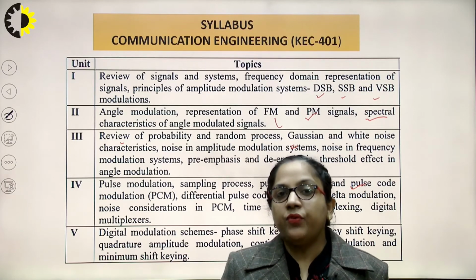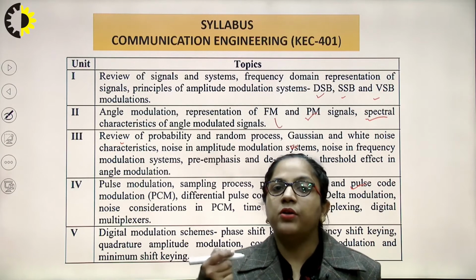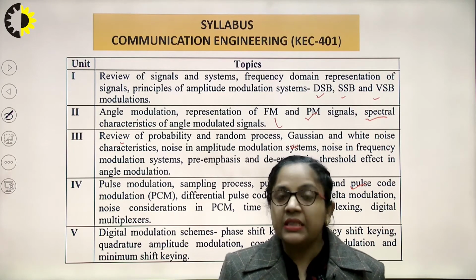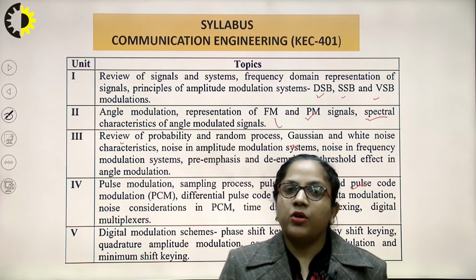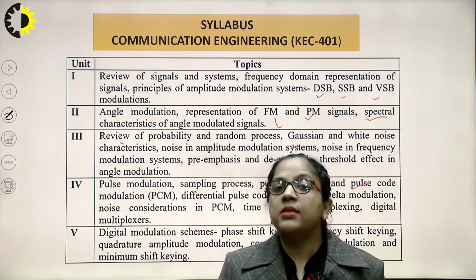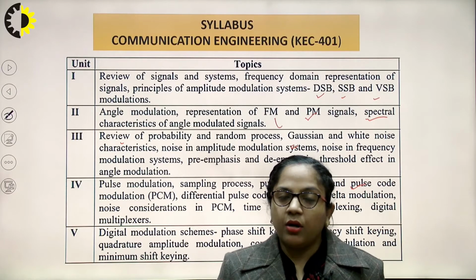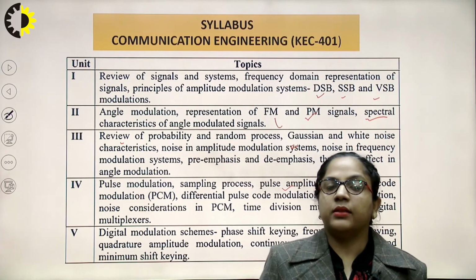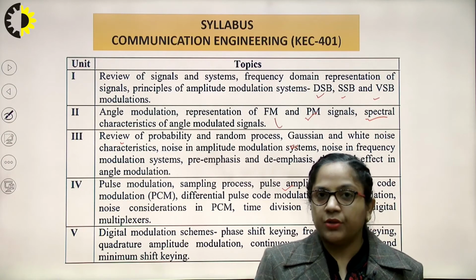But if my information is in the form of digital data, in the form of 1 or 0, in binary, then I have to perform digital modulation techniques. So, pulse code modulation is a kind of digital modulation technique.